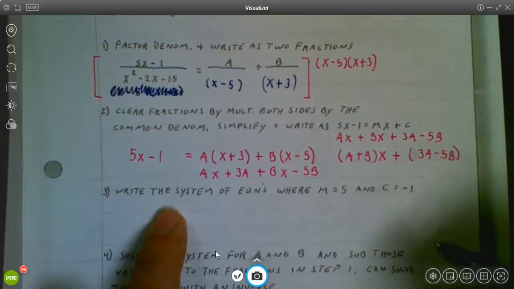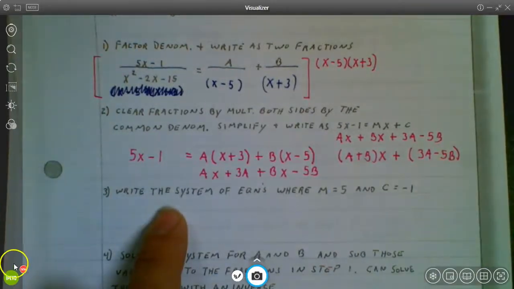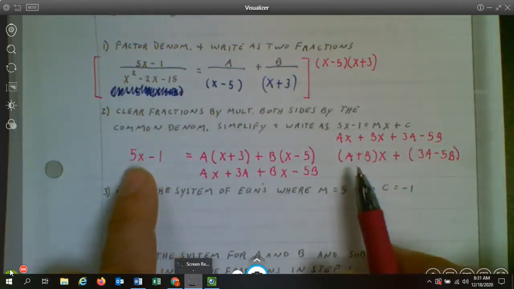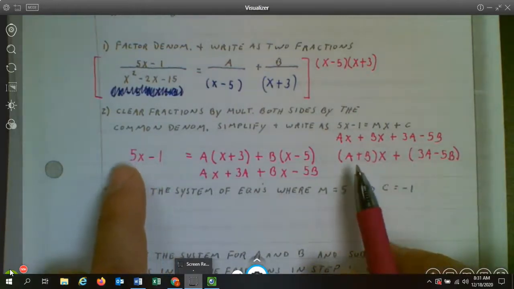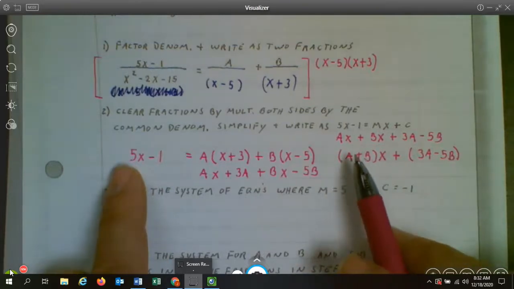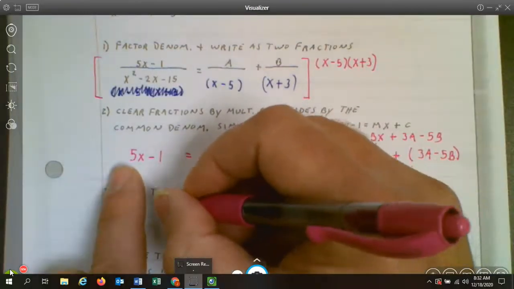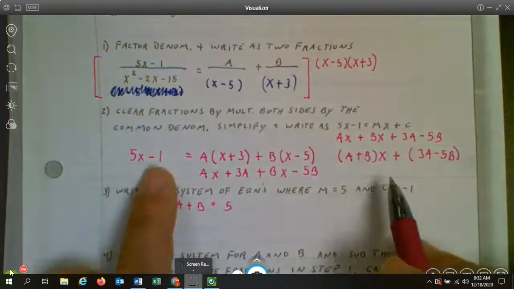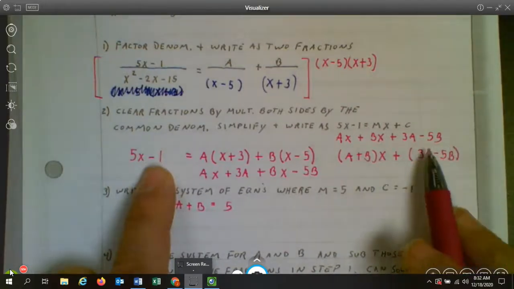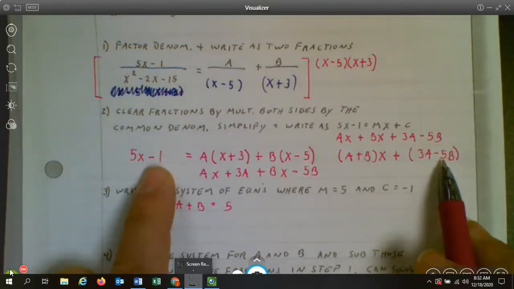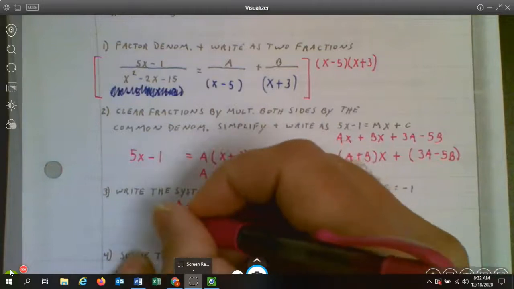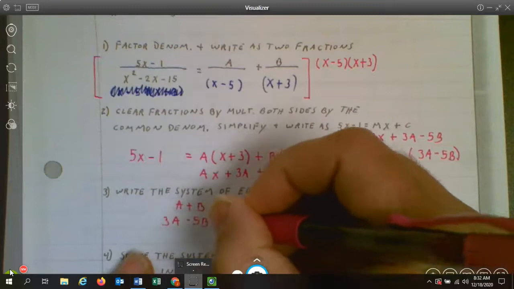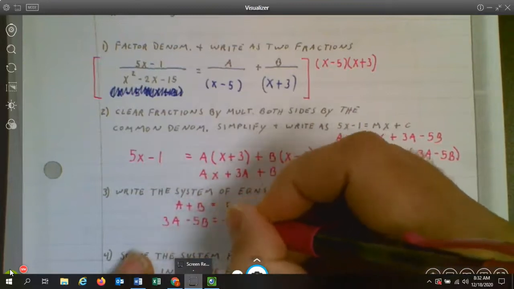All right, and so we're going to show this as a system of equations here, because now that I can see that these two are in the same form, I can see that my 5 is the A plus B, and I can see that the negative 1 is this statement right here. So 3A minus 5B is representing the negative 1.